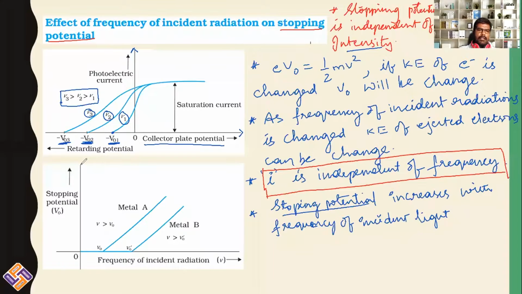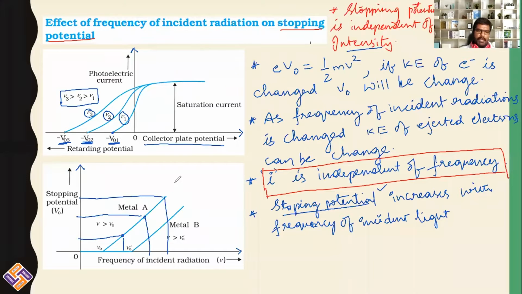Let us plot one more graph, for stopping potential versus frequency of the incident radiation. As you increase the frequency of incident radiation, stopping potential increases.